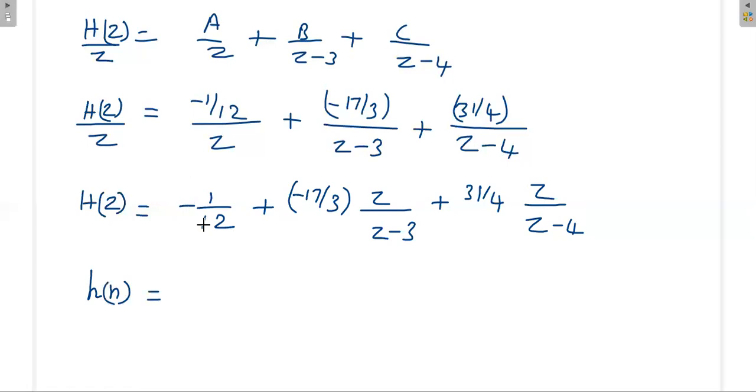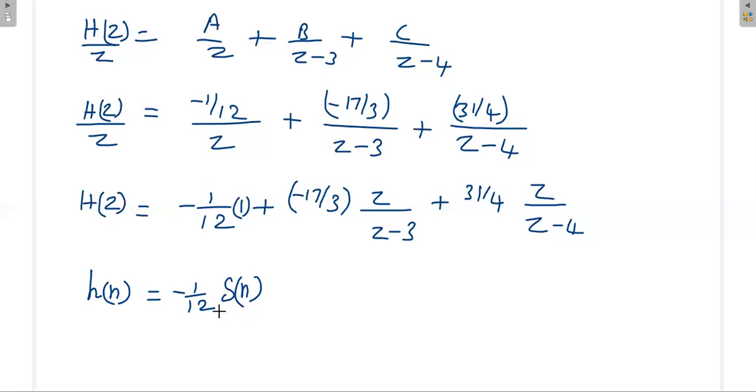Whenever we have a number, just write that number. We'll assume that 1 is present here. What is the inverse z transform of 1? That is del n. The inverse z transform of 1 is del n, because if del n is there in the time domain, then if you take the z transform, you'll get 1 only. So we are writing it in reverse.